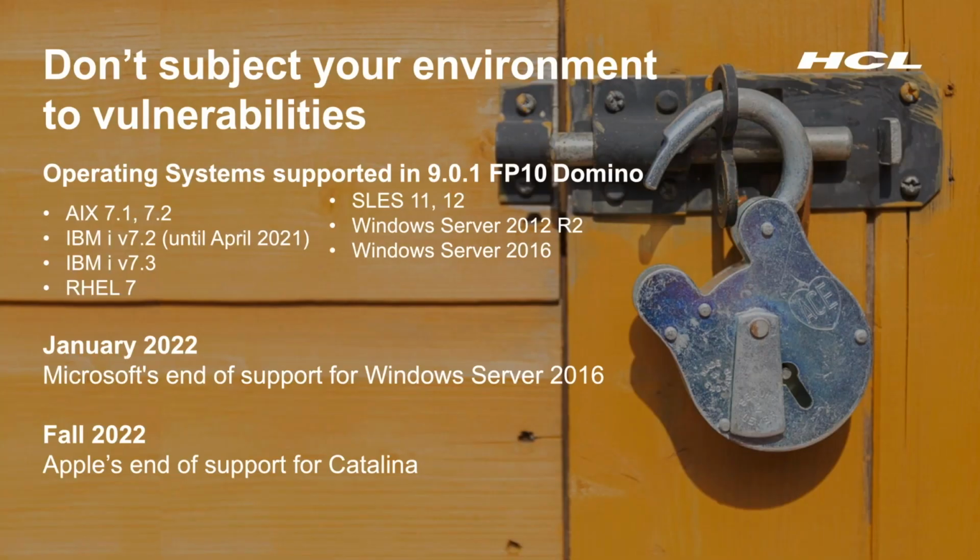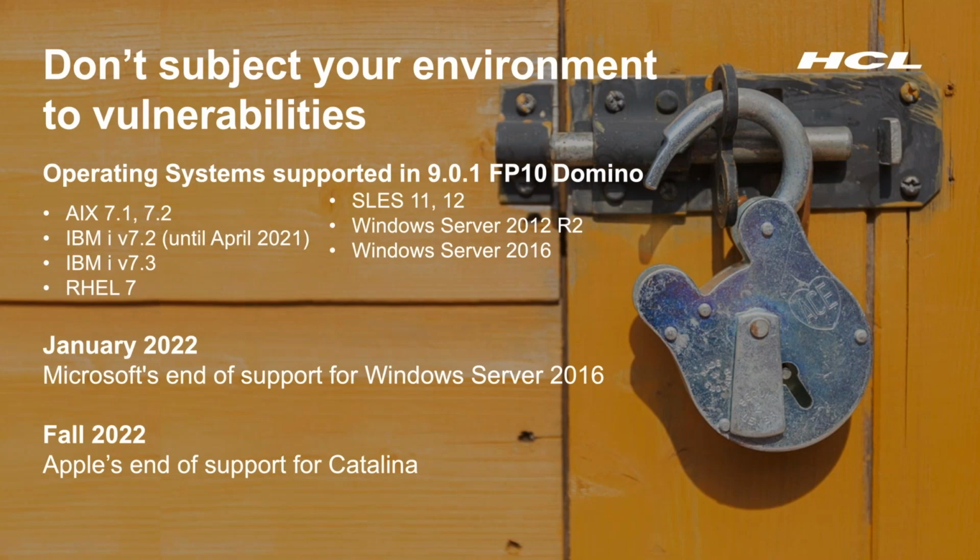I just want to remind anybody who is on a release that's earlier than version 11 or version 12, there are some things. We have not officially announced the end of support for version 9 or 10, but we do want to make sure that you are aware of some of the other things that are going on with some of those earlier versions. Microsoft is going to end support for Windows 2016 in 2022, and that is one of the supported platforms for version 9.